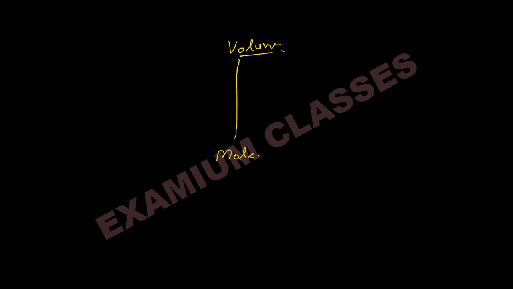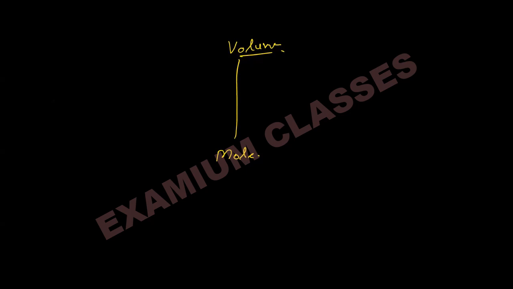Is that clear or not, what I am saying? Sir, yes. If both are considered at 1 liter, then the number of molecules would again be the same in these two, if the physical conditions are constant.